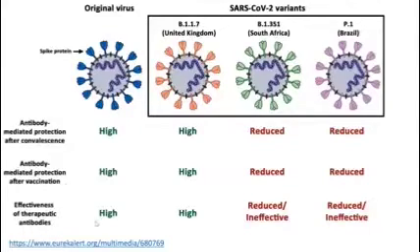The effectiveness of therapeutic antibodies is high for the original version, and of course high for the UK variant, but reduced and ineffective for the South African one, and reduced or ineffective for the Brazilian one as well.